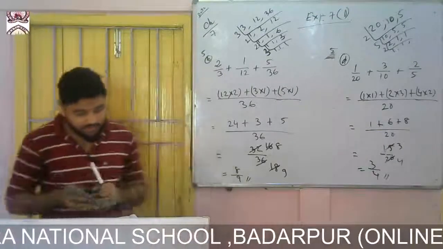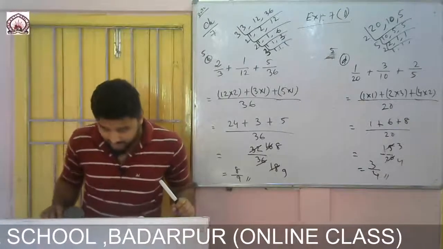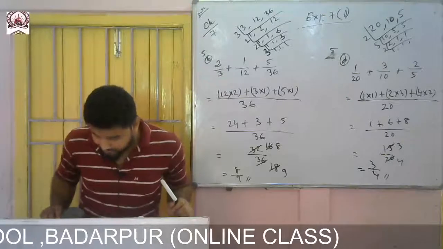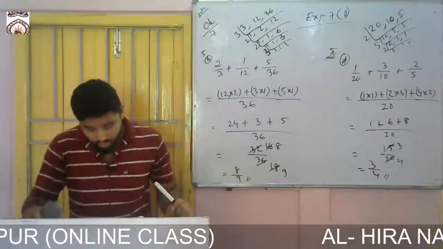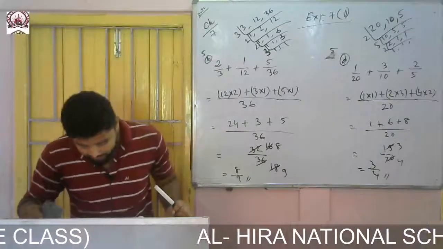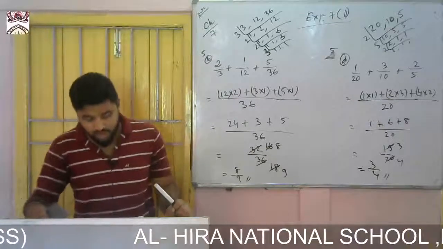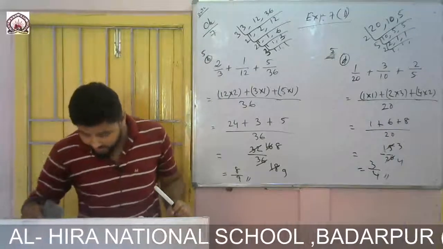Now come to question number 6. 6 all are also same. Okay, let me show only 2. The bigger one I shall solve. Question number B and question number D I shall solve.